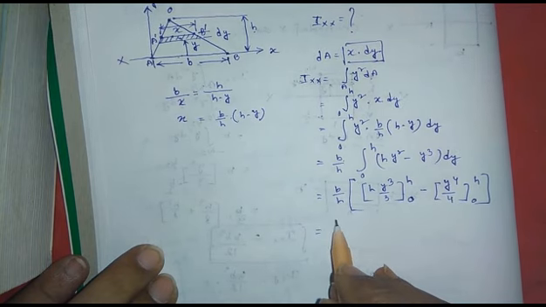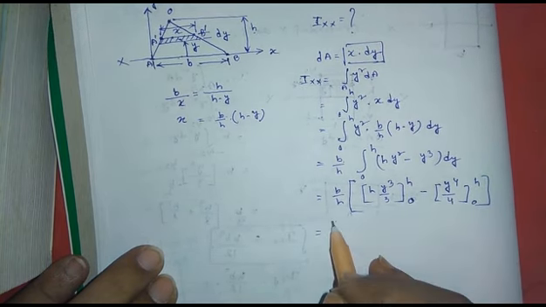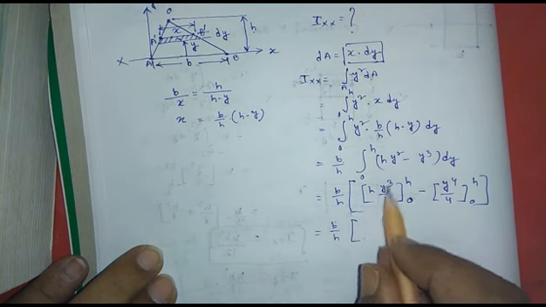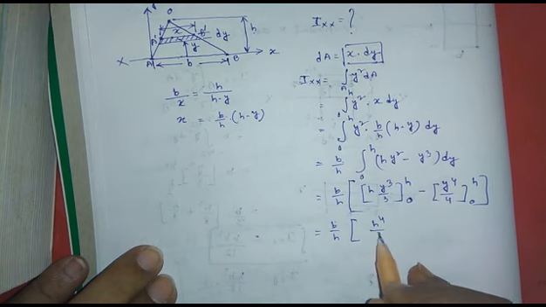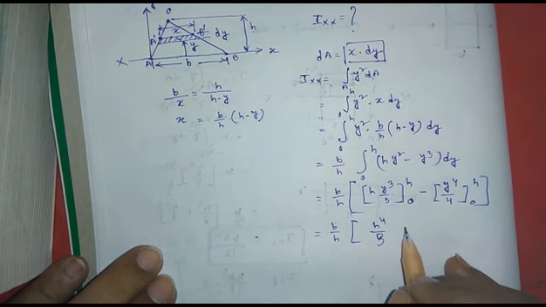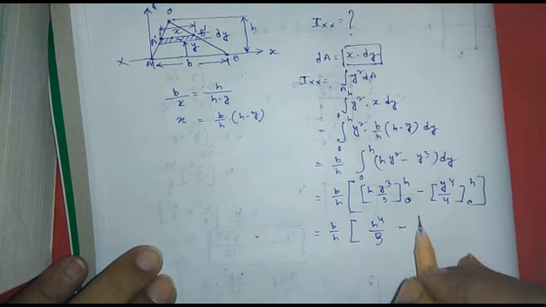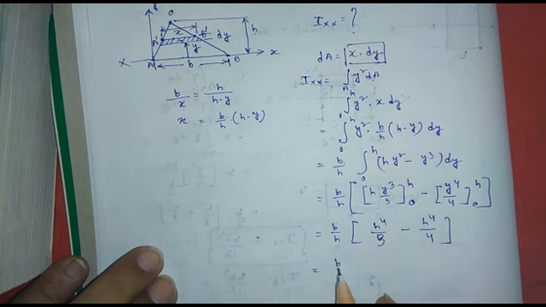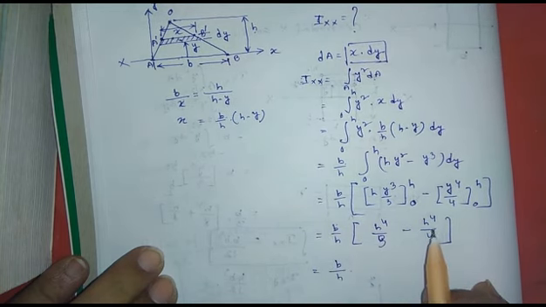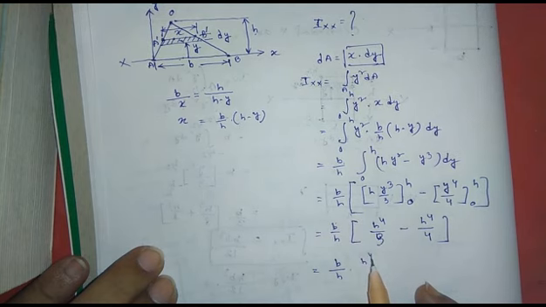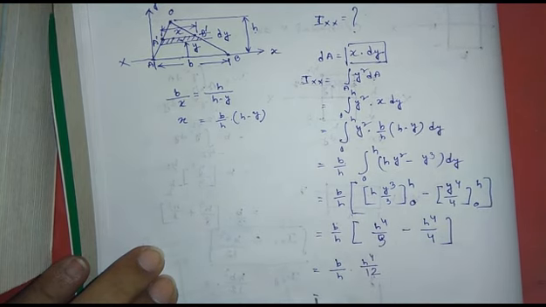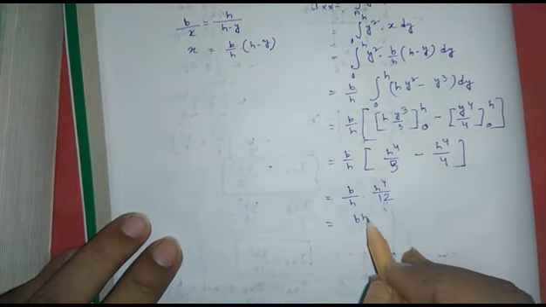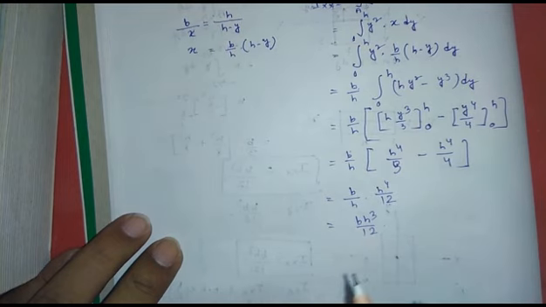So how much is that? B by h, it is coming as h to the power 4 by 3 minus h to the power 4 by 4. So b by h, 4 minus 3, that is only h to the power 4 by 12, and it is coming as b h cube by 12.